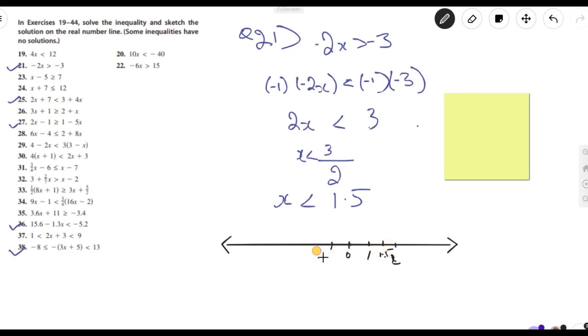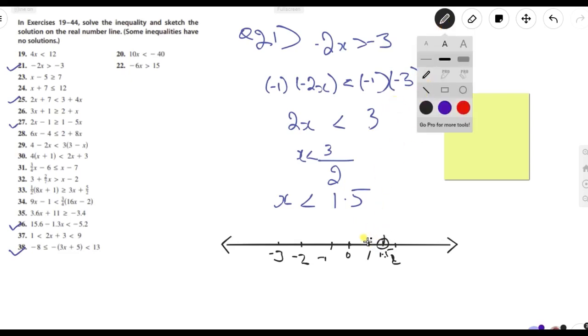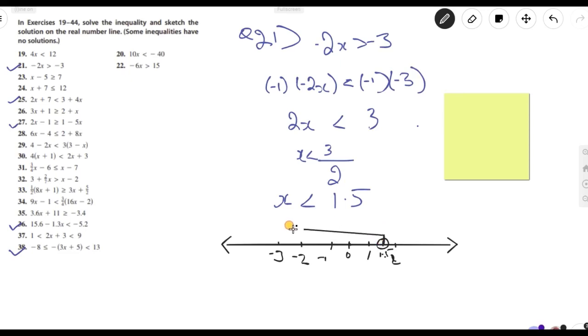So you put a hollow circle on 1.5, and then highlight the left side of 1.5, either with a different color, or you can shade the region like this. Another way is to overlap the number line, and I like the second method much more. So I'm going to use a different color, and I will enhance my stroke.